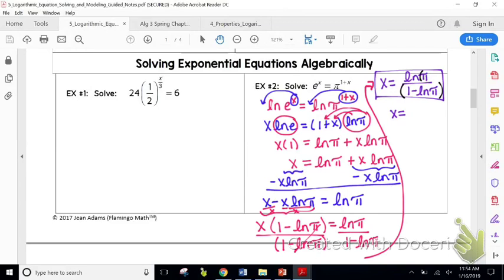When you hit natural log, it's going to open, so close that parenthesis after pi, divided by 1 minus the natural log of pi. What do we get? Negative 7 point what? 909.